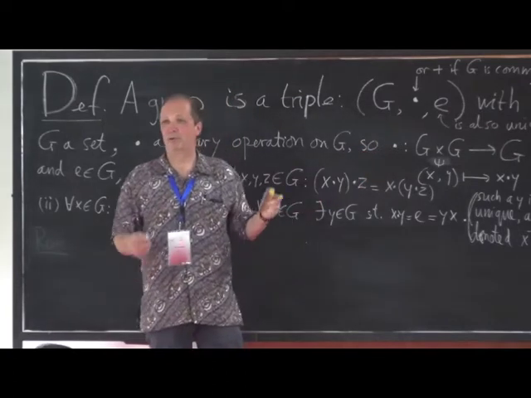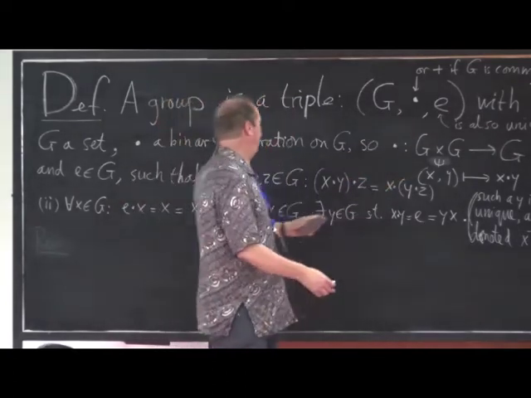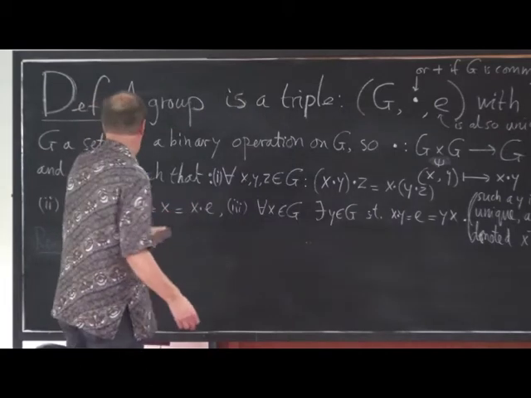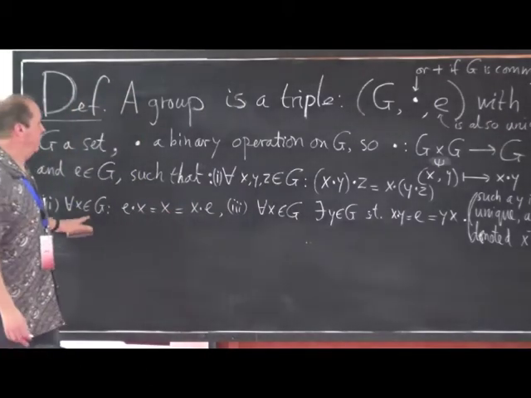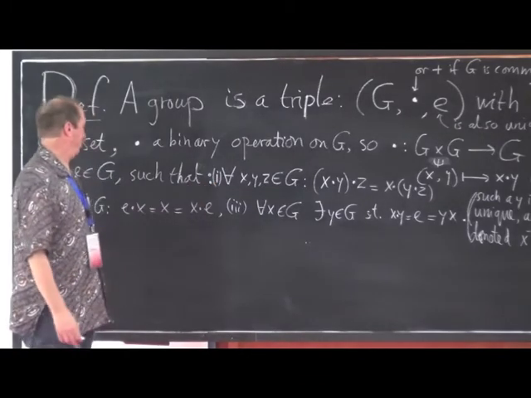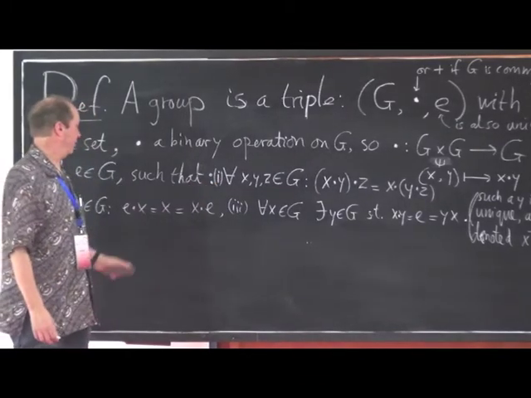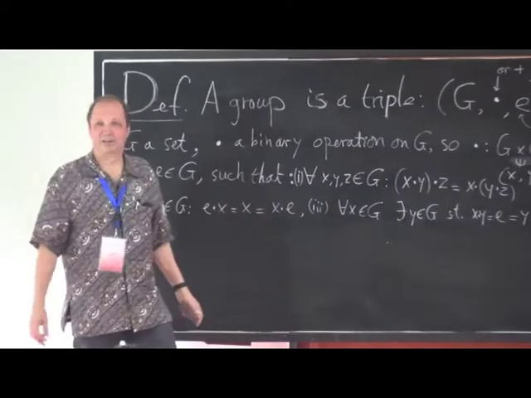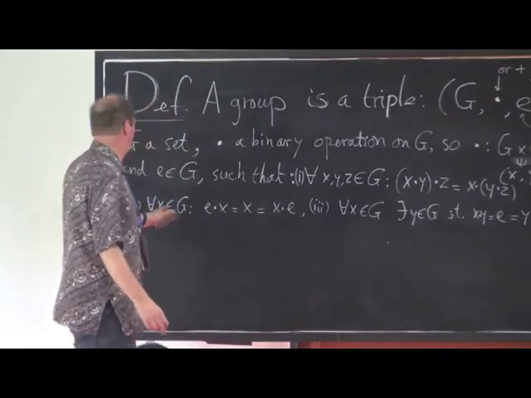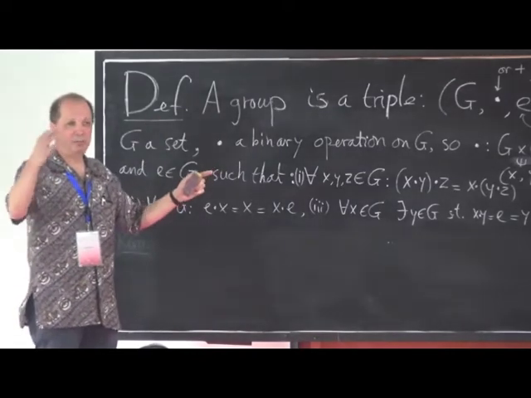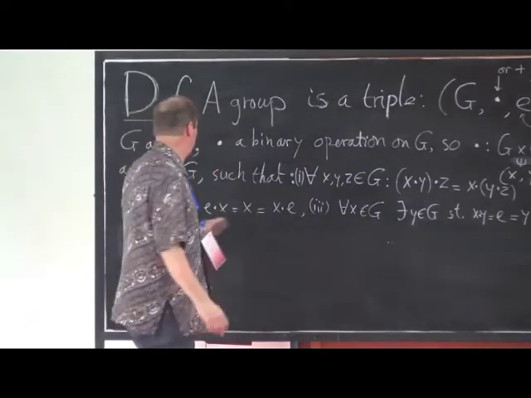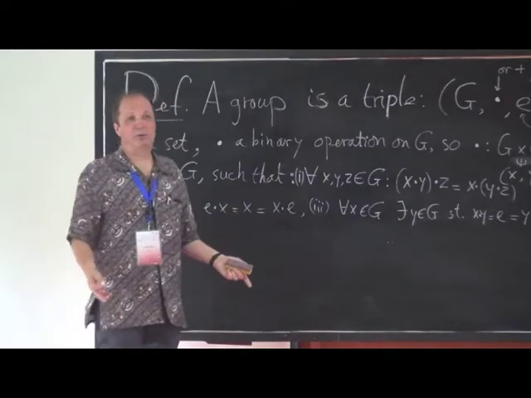So you have 2 elements that satisfy this property number 2, then you can prove that they are equal. I don't think you even have to use anything else. This property 2 by itself will let you prove that if you have E and E prime both with this property 2, then they are equal.